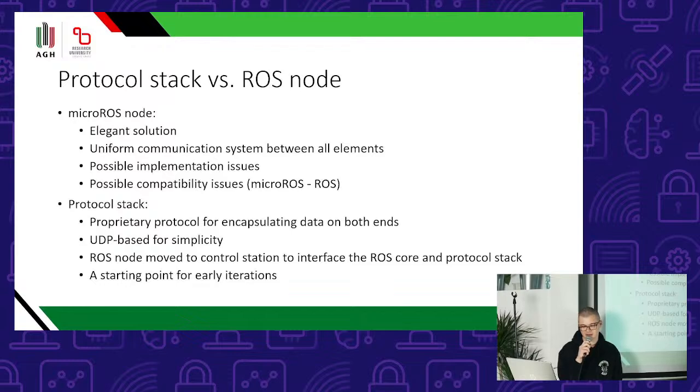The protocol stack works with standard Unix-like sockets, which are available on Linux, on Windows, and in the lightweight IP library, so that should be easy to implement. Of course, the micro-ROS solution is more elegant, but we'll see in the future.